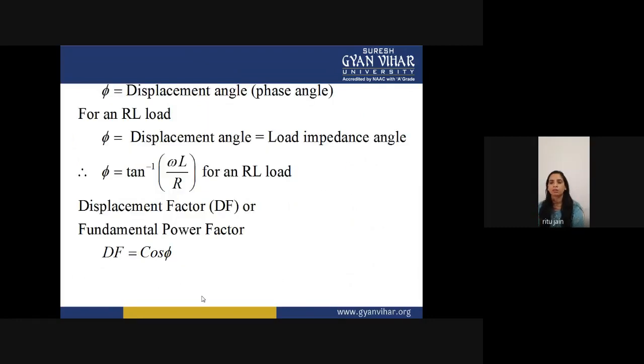Phi is the displacement angle. For an RL load, the displacement angle equals the load impedance angle, phi equals tan inverse of L omega upon R, and the displacement factor DF, or fundamental power factor, is equal to cos phi.